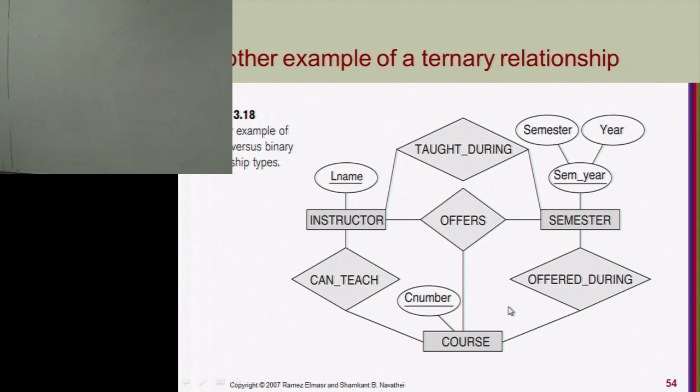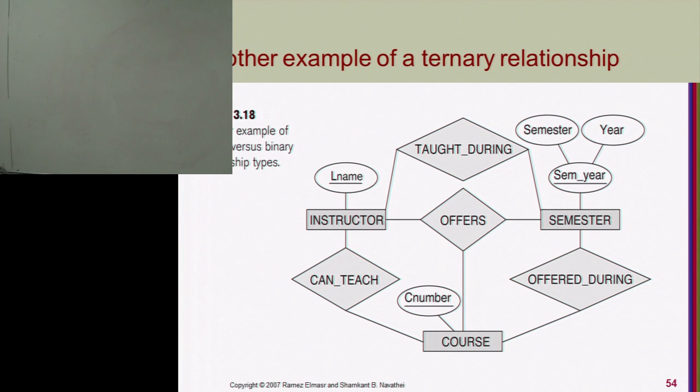There is another example. I left this for you to study it, and we said we have instructor, semester, and course with these attributes. By the way, what is this attribute? Semester year. It's a key. It is the key, but it is also a composite attribute.